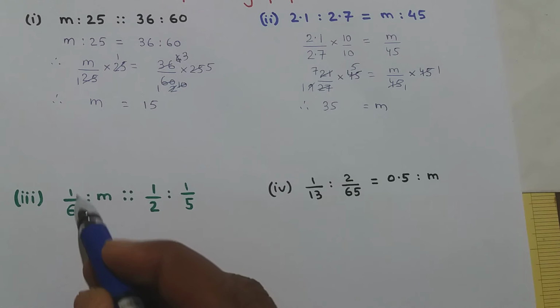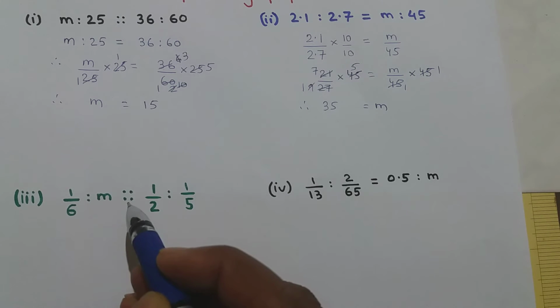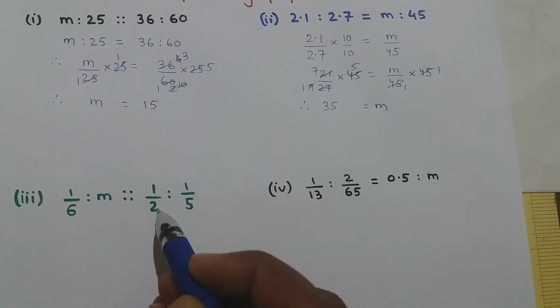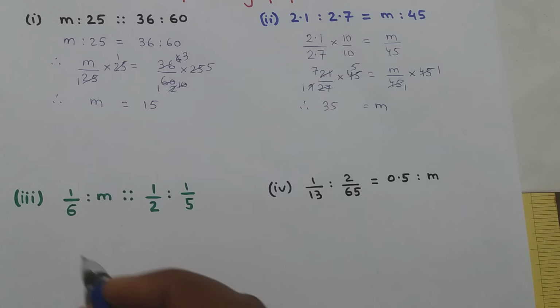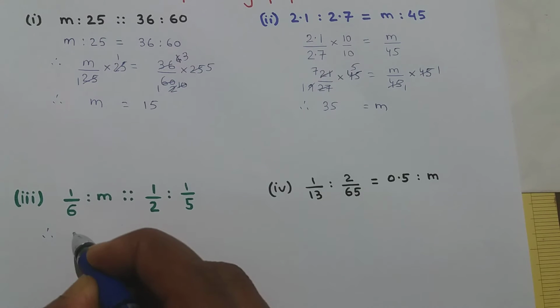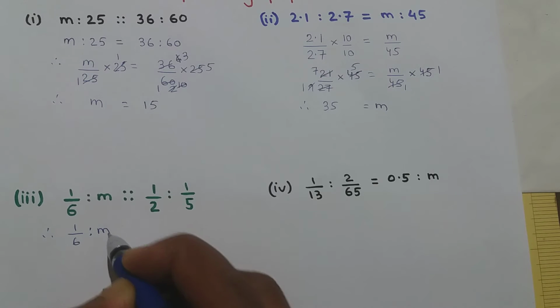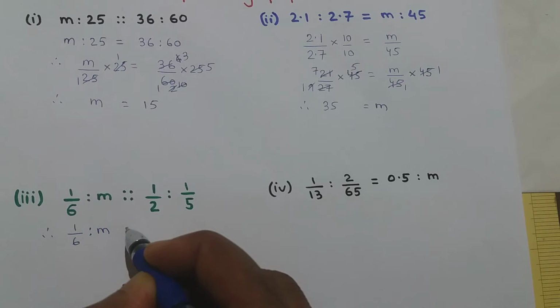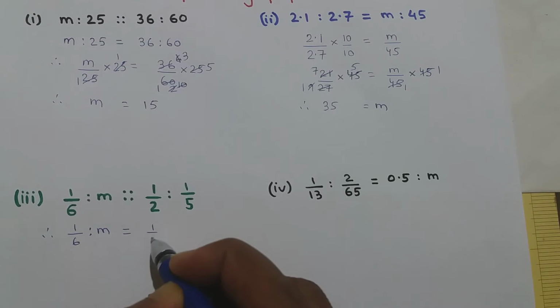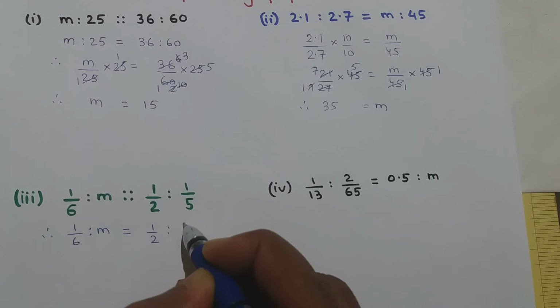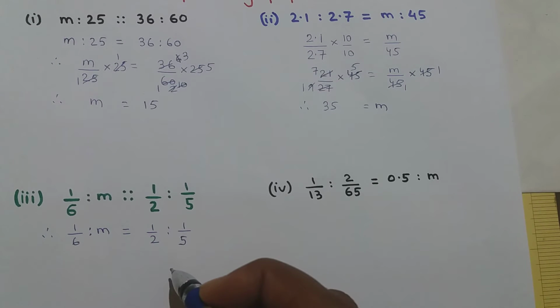Now this expression I can write as 1 upon 6 is to m, that is equal to 1 upon 2 is to 1 upon 5.